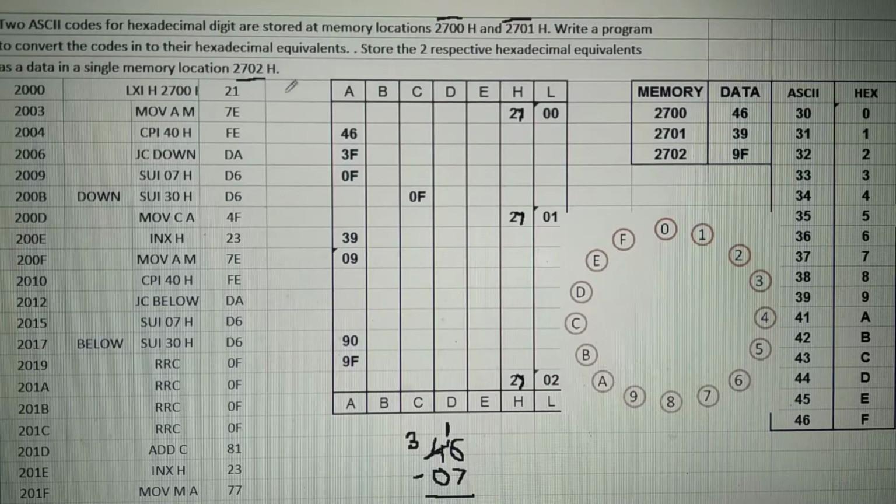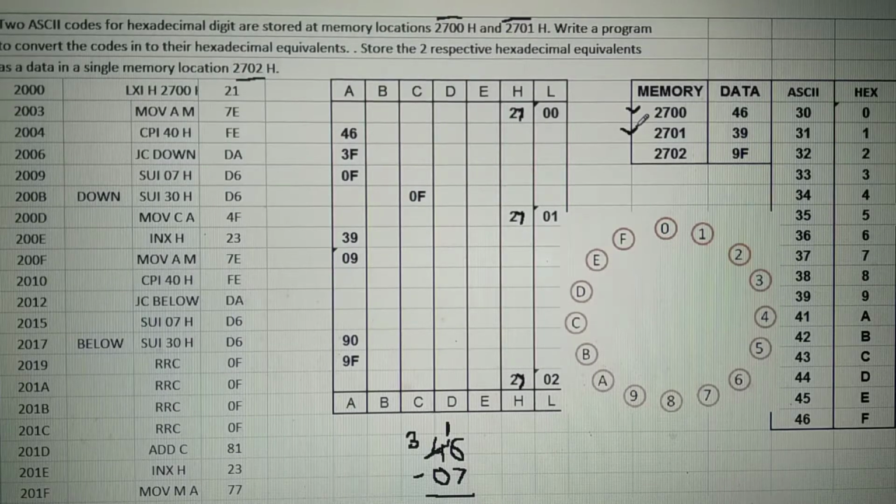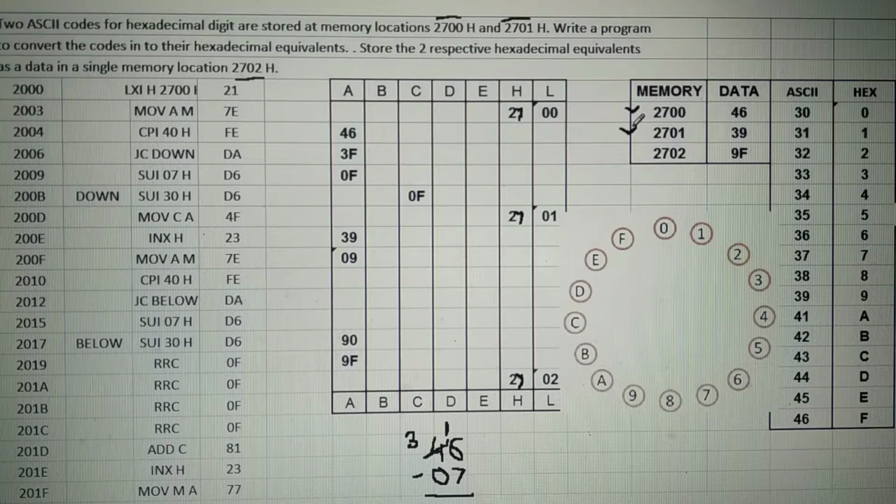What exactly you have to perform in this program? In 2700, one hex code is stored. In 2701, in the consecutive memory location, the second hex code is stored. For the hexadecimal ASCII code stored, you have to find out its hexadecimal equivalent.